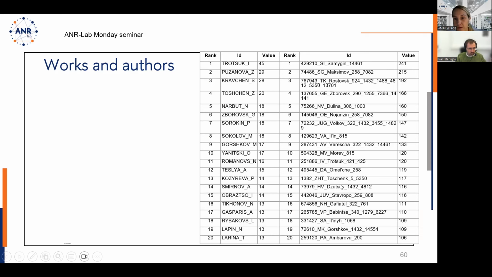But some of the authors who were somewhere here in the middle, like Jan Toshchenko, for example, he would be here. Or Irina Tracuk, she has 120 publications, and here she is also in the top with 45 publications. And Toshchenko has 117, and here he has 20.